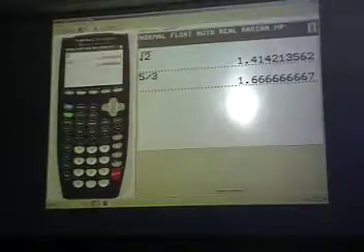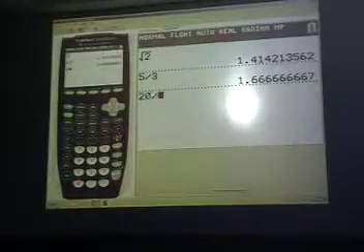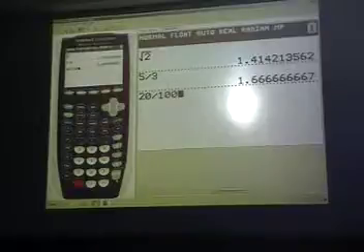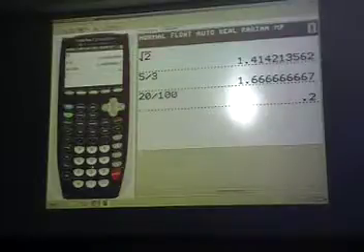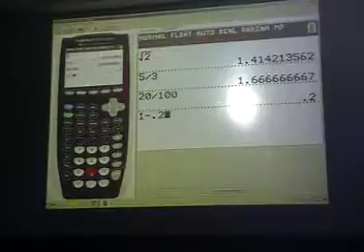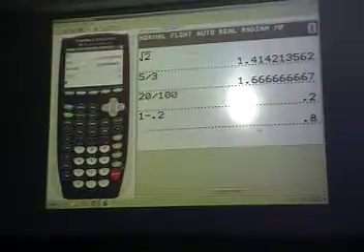Since 20 out of 100 are known to be defective, 0.2 is the probability of a defect. So the probability that you don't have a defect is simply 1 minus that. You always do 1 minus whatever you have to get what you don't have. That's the complement idea, is doing 1 minus it.